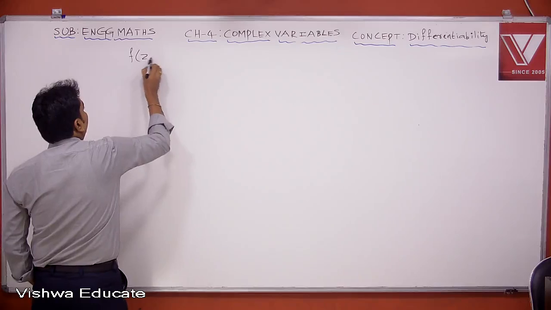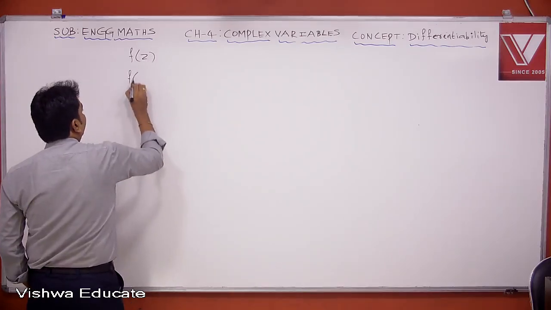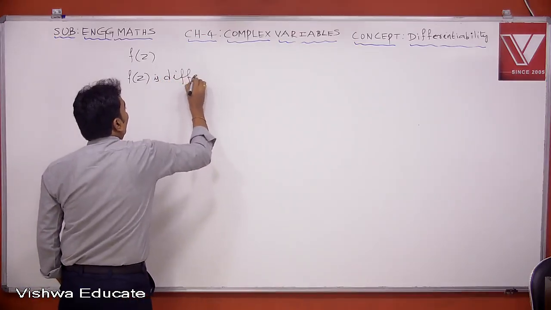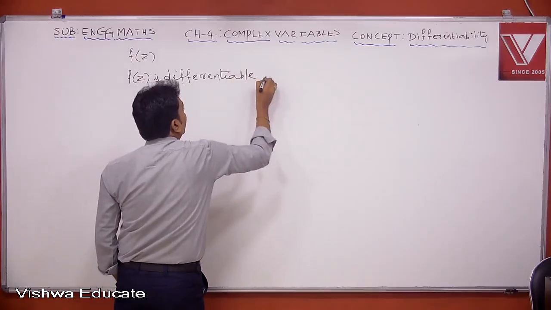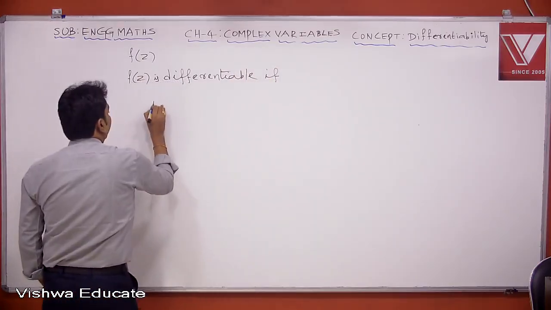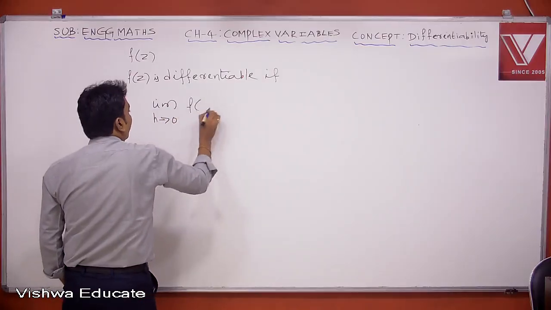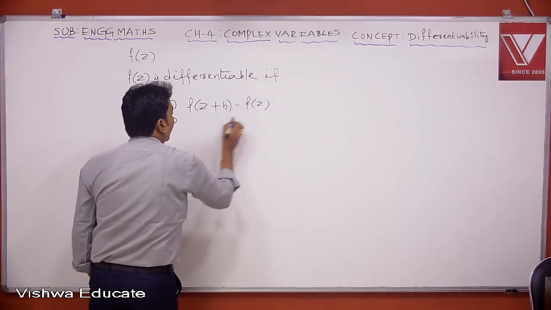Suppose f of z is a complex valued function. We say that f of z is differentiable if limit h tends to 0, f of z plus h minus f of z by h exists.